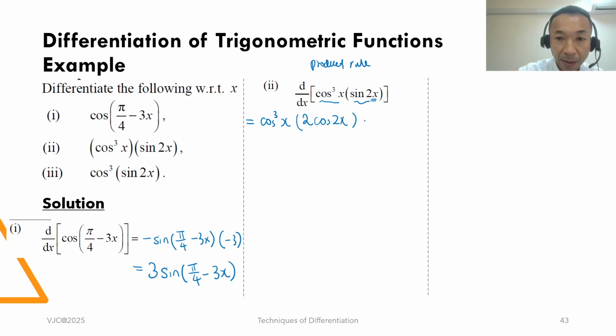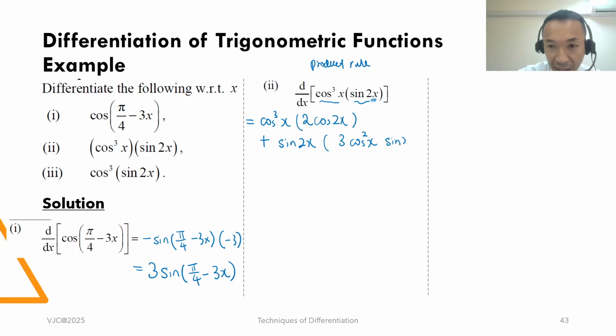Plus, you keep your sine 2x, then you differentiate your cosine cube, you get 3 cosine, sorry, cosine square x. Then you differentiate the inside, which is cosine x, you get negative sine x.